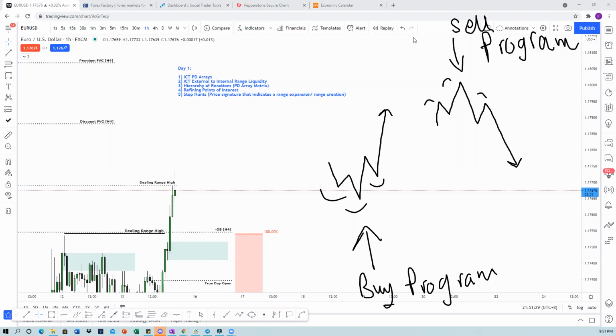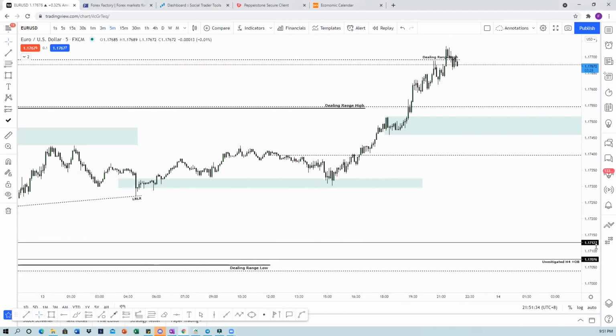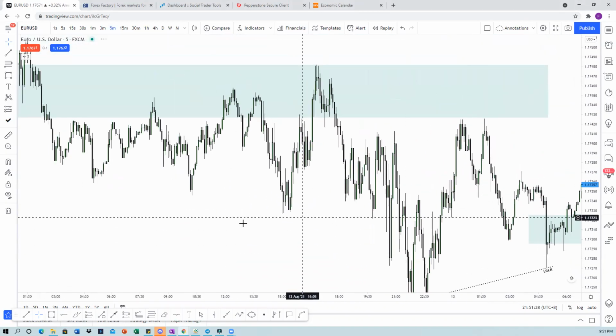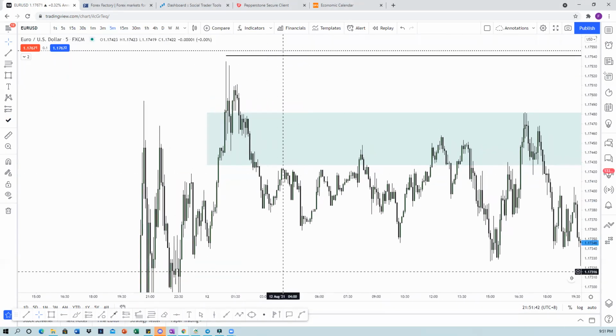Because if you look at this on the 5-minute, and if you look at every range expansion over here, starting from this portion here, we can see that we have a swing high, a swing high, a swing high, and then we broke here. We broke over here, right?